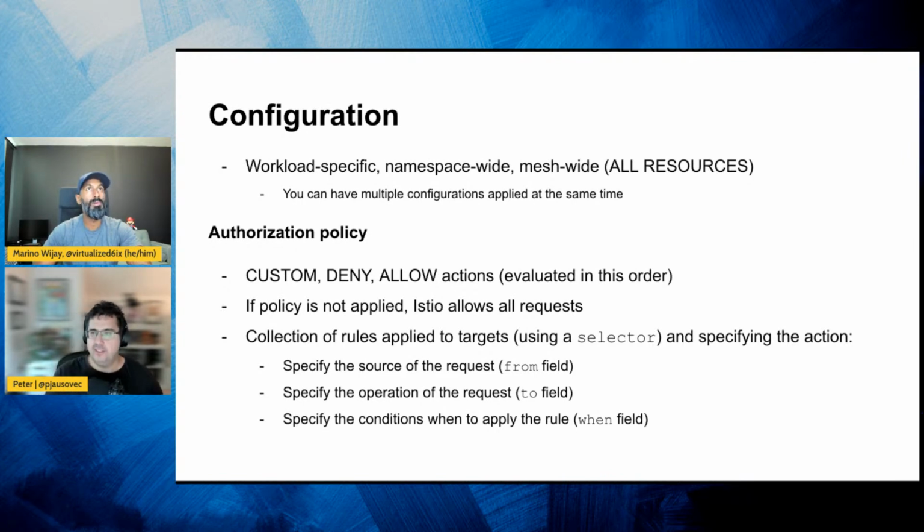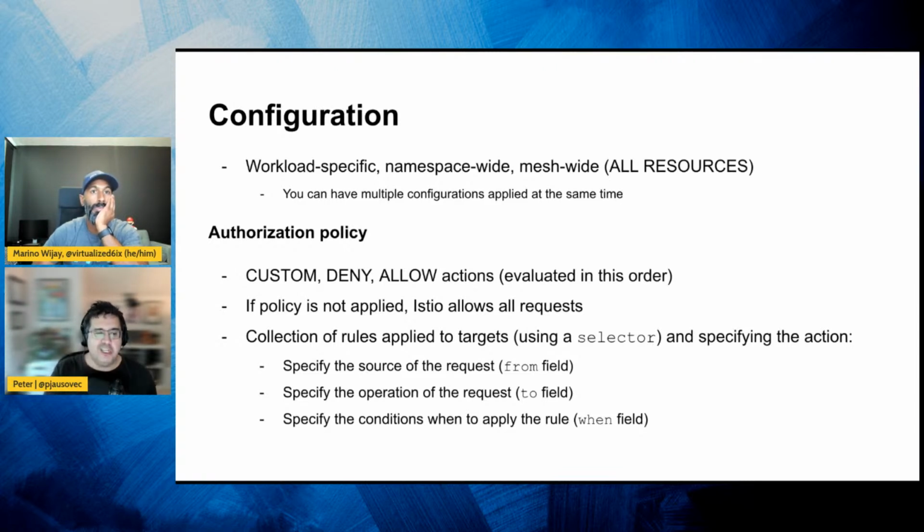You can specify the source of the request. You can say, well, I want to deny the request if they're coming from namespace B, right? You can also say, I want to deny them when they're coming from namespace B, but also if they're a GET request on this specific path, right? You can combine that.